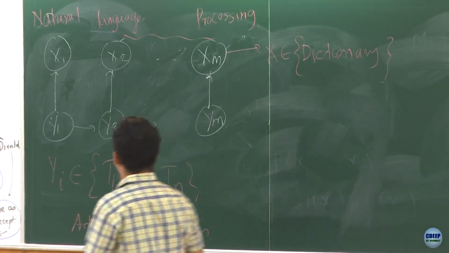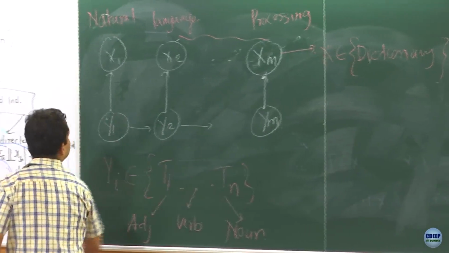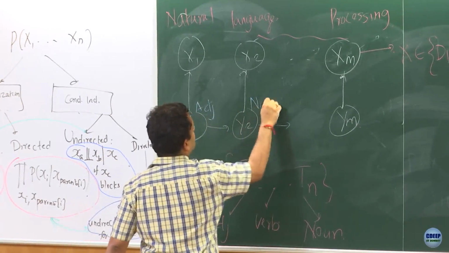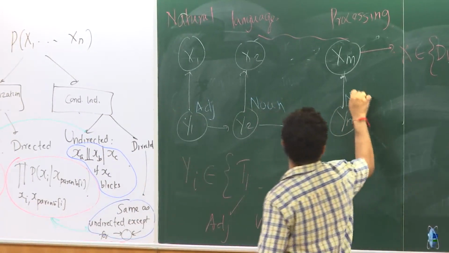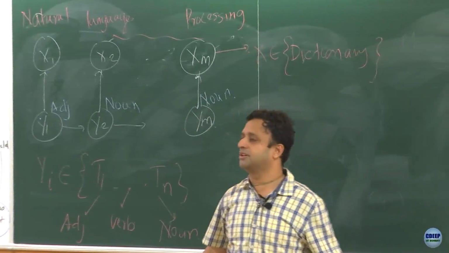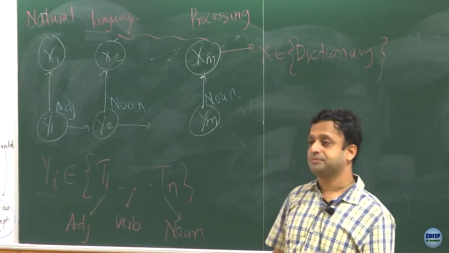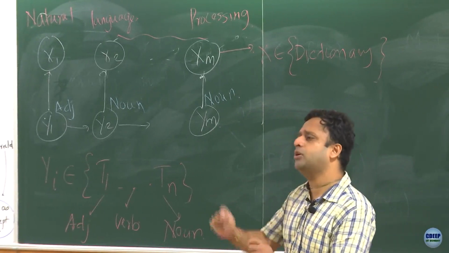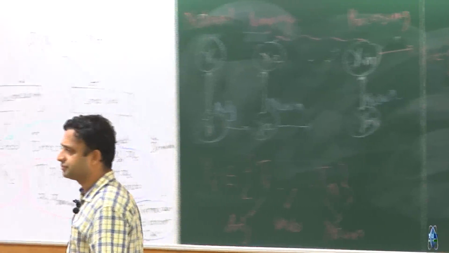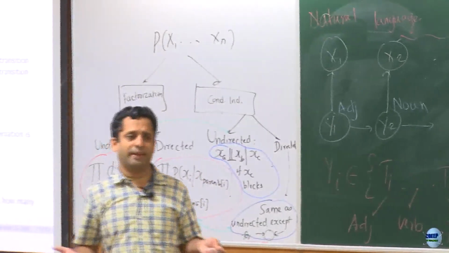Okay, so we expect that this will be an adjective, this will be a noun, this will also be a noun. Now, this is a specific form of noun. Let's keep it simple, noun here. Now in general you expect adjective, noun, and not noun, adjective. There are some patterns you expect.